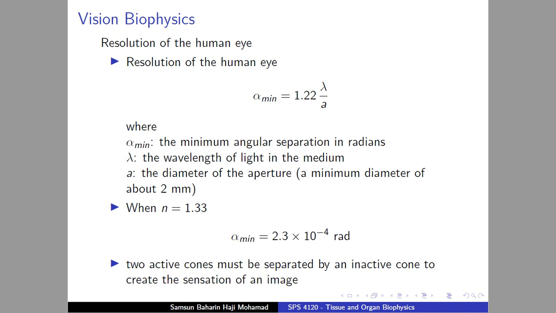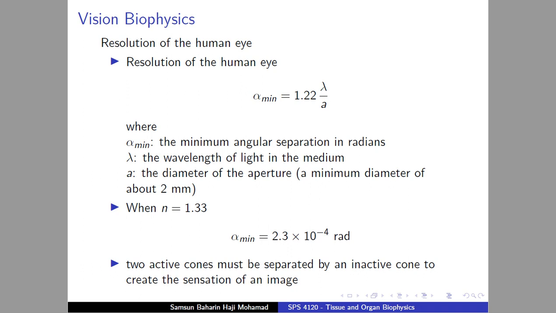Alpha min equals 1.22 lambda over A, the diffraction limit. Alpha min is the minimum angular separation, lambda is the wavelength of light in the medium, and A is the diameter of the aperture, with a minimum diameter of about 2 millimeters. When the refractive index n is equal to 1.33, alpha min equals 2.3 times 10 to the power minus 4 radian. So a very small separation.